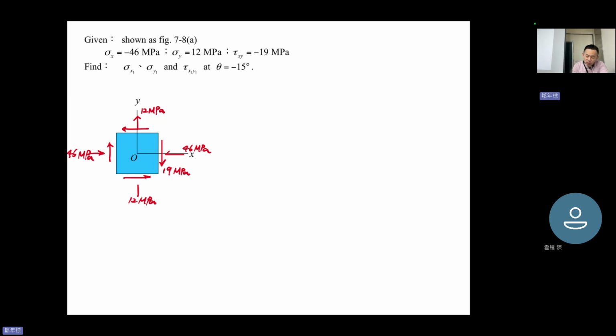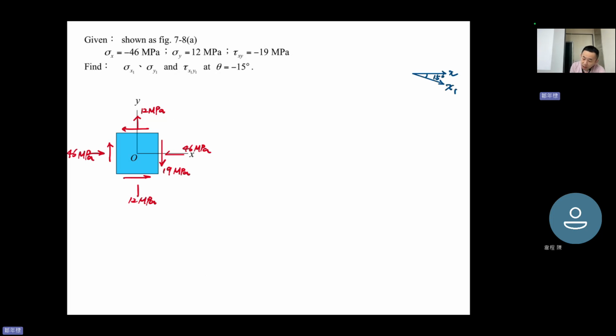And it wants us to get theta of minus 15 degrees for the new axis. Previously you had x in this direction, but now you are going to have minus 15 degrees.